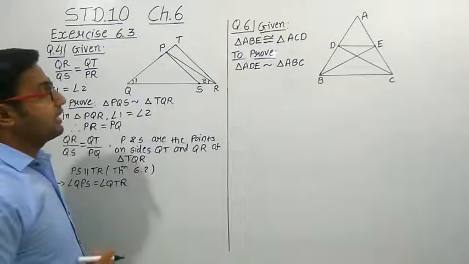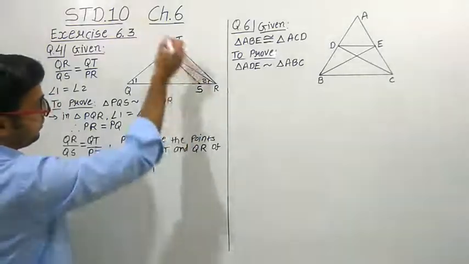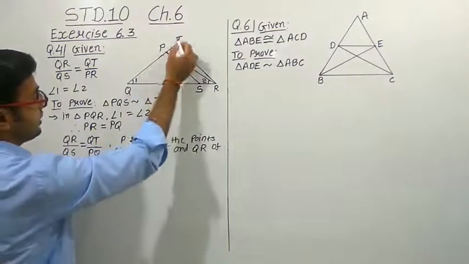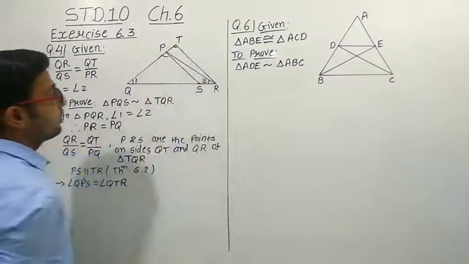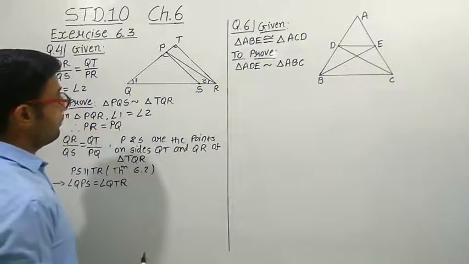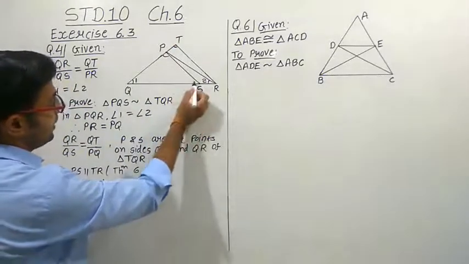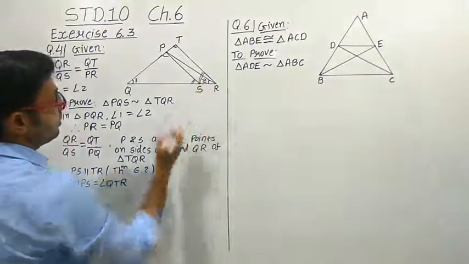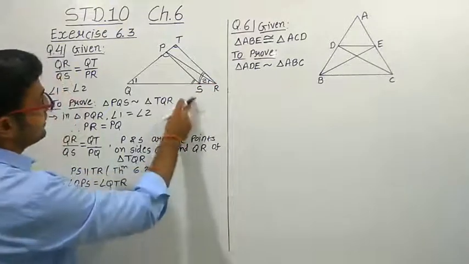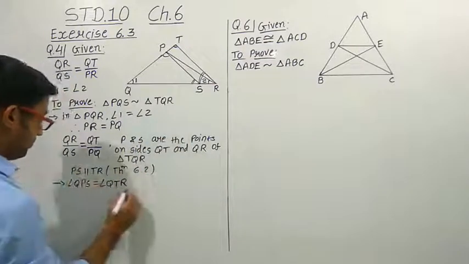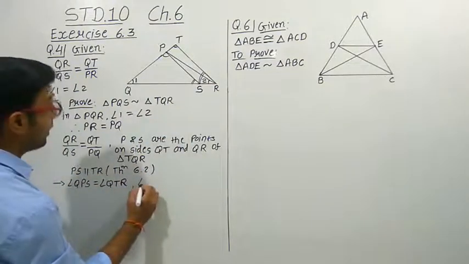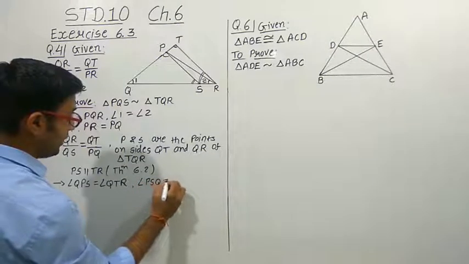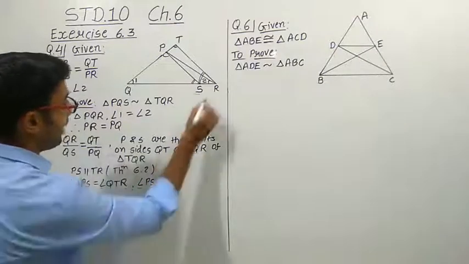According to corresponding angles: two lines are parallel, PQT is the transversal, so this angle and this angle will be equal to one another. In the same way, here also we can write that angle PSQ will be equal to angle TRQ.